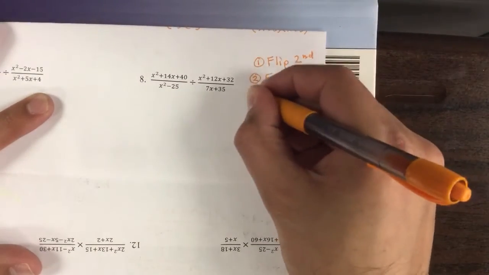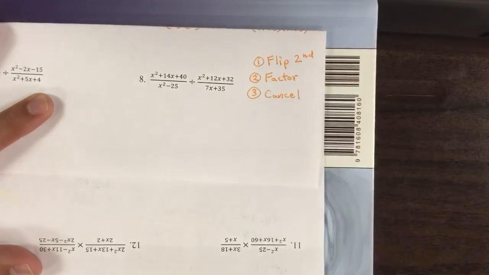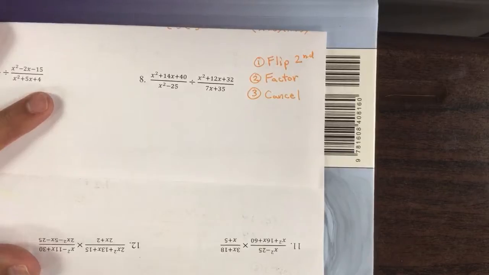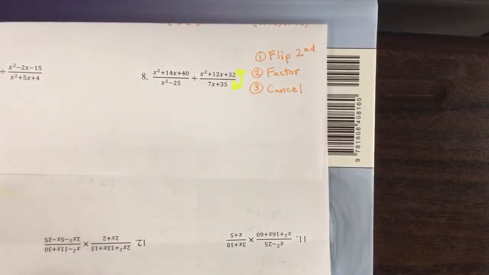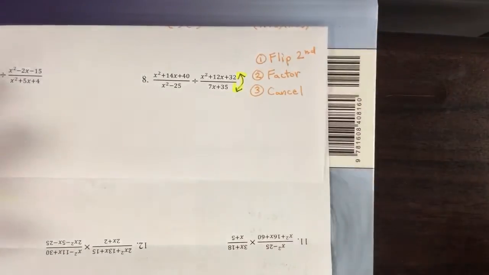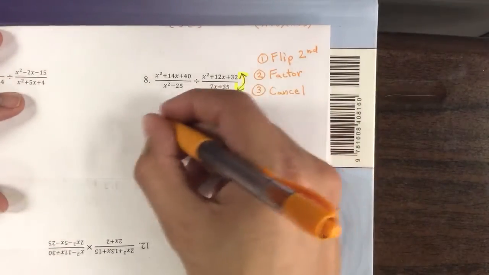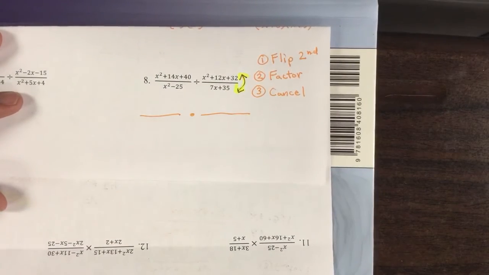And the third step is to cancel. Flip, factor, cancel. All right, so here we're gonna have to flip these right there, the second fraction. Okay, so we're gonna have to also change division to multiplication.